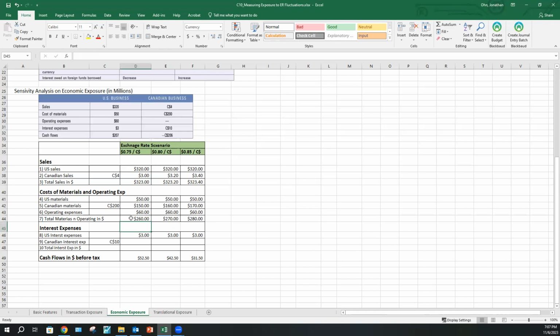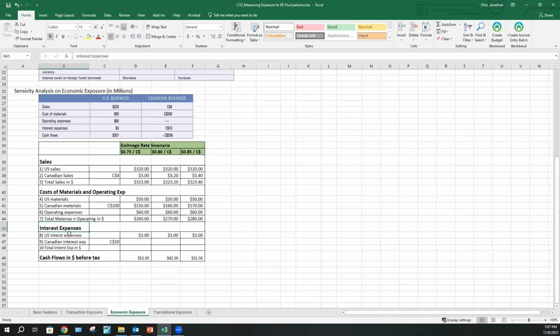So for the same cost of materials and operating expenses, our US dollar expenses will be different just because of the different exchange rate. All right. Now let's calculate the financial costs.